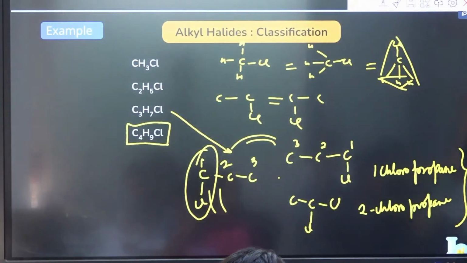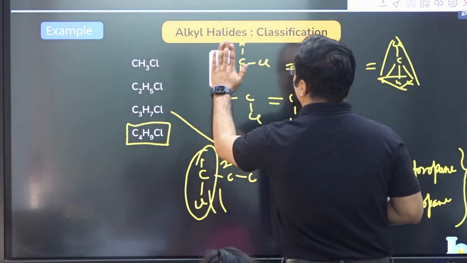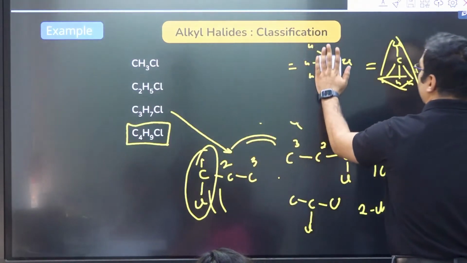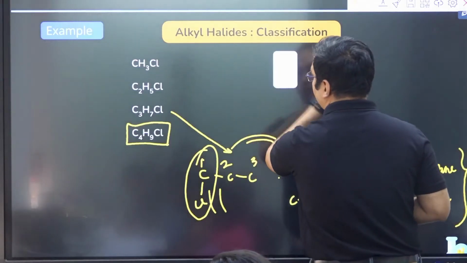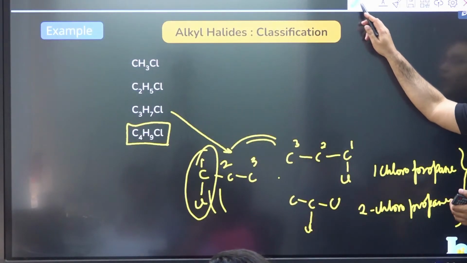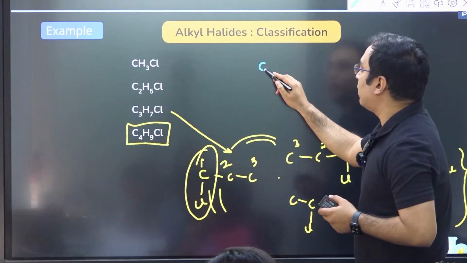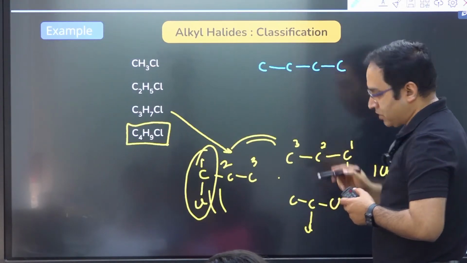4 carbons are there in the compound. So how many ways can we draw this? One option could be that I keep the 4 carbons in a straight chain, something like this.